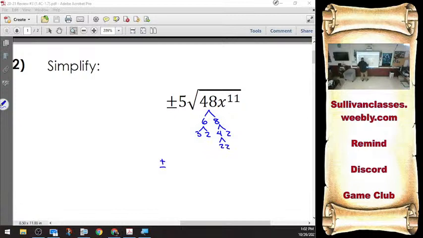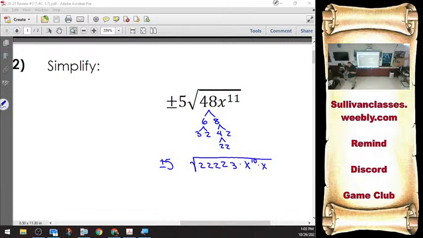Okay, so I have a plus or a minus 5, a square root of 1, 2, 3, 4 2s, a 3, x to the 11th. I want this to be an even number, so instead of writing out 11 x's, which you can do, I'm okay just doing this.